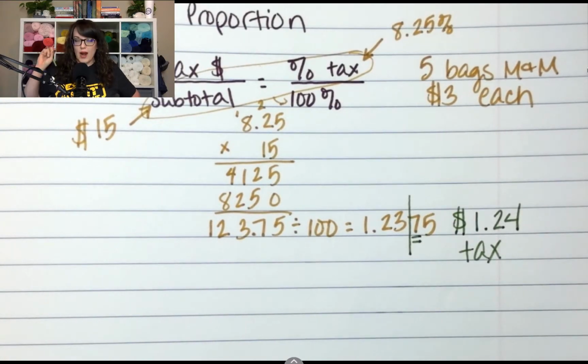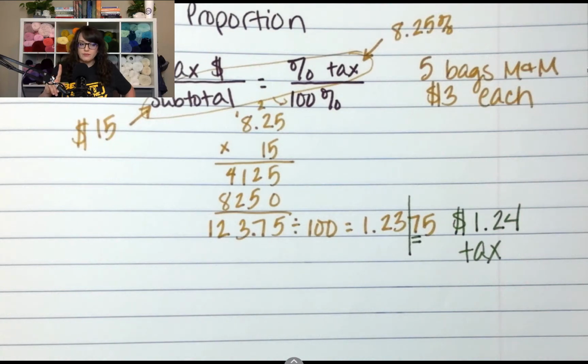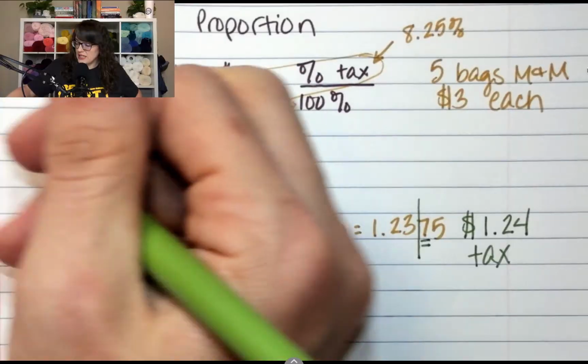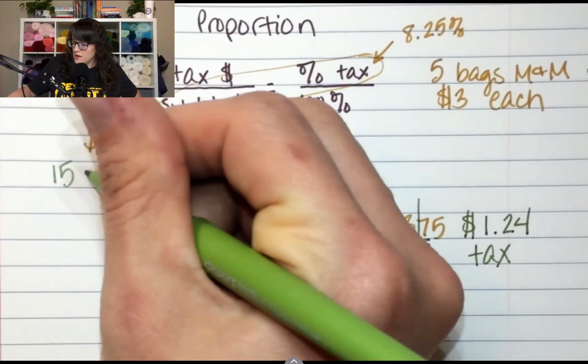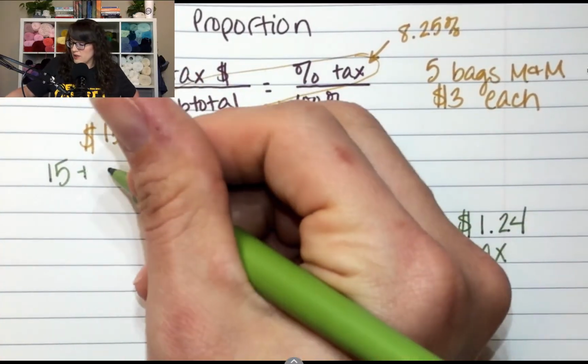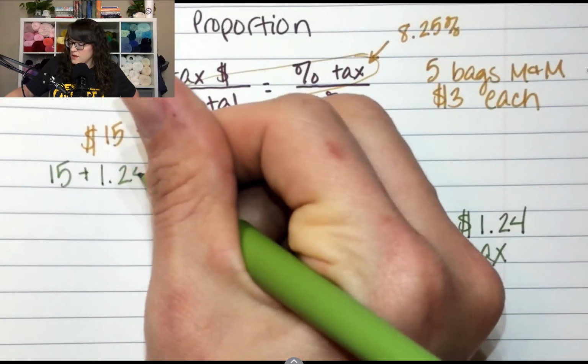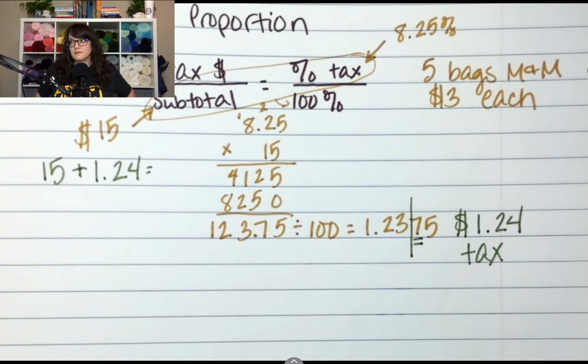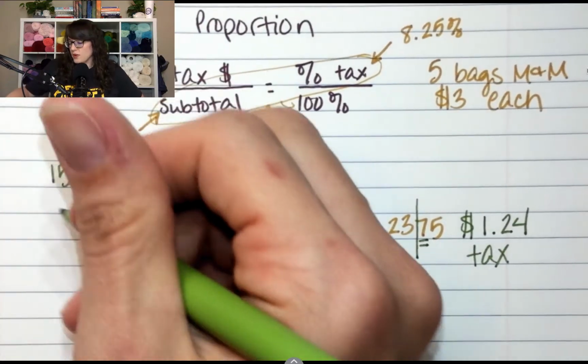And tax, do I add it or subtract it? You add it. How much was the subtotal? 15. So I'm going to do $15 plus $1.24, which is $16.24.